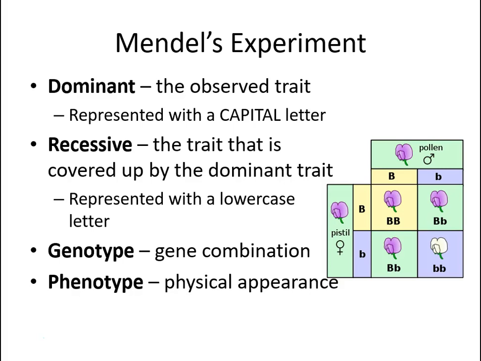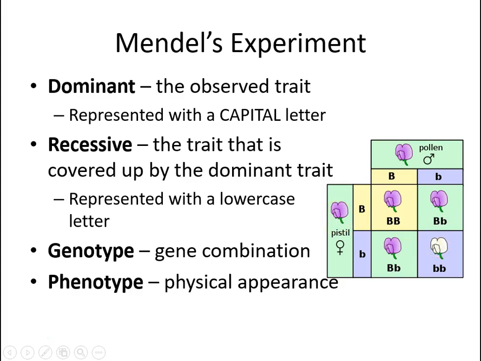And dominant traits are represented with a capital letter. A recessive trait is a trait that is covered by the dominant trait. It is represented with a lowercase letter. So a recessive trait, if you look here in this Punnett square, even though this parent has a recessive allele, that's going to be covered by the dominant and they'll still be purple.